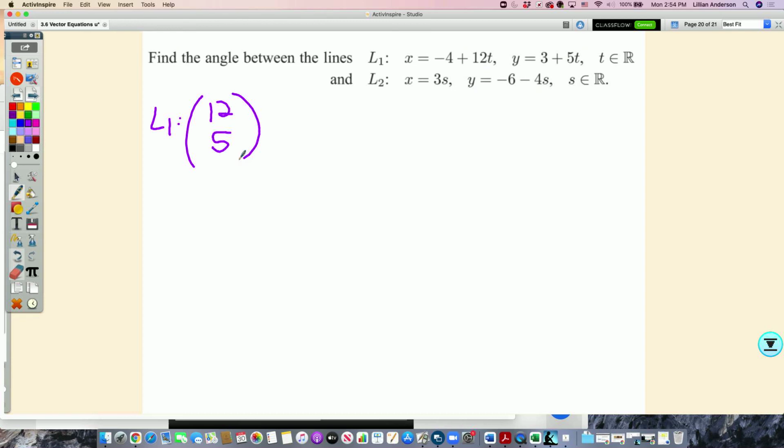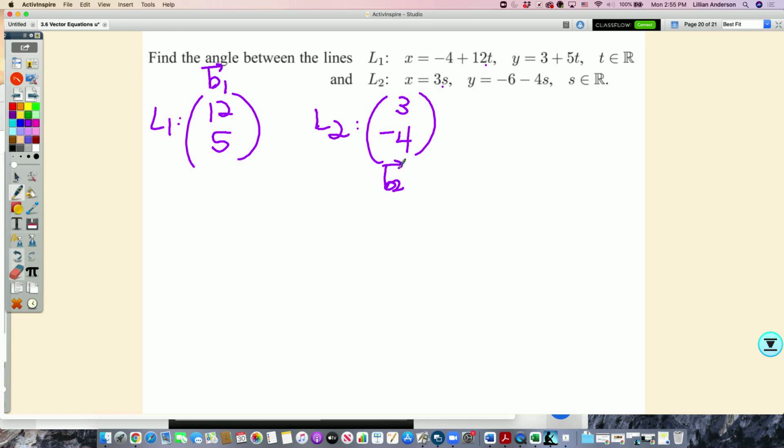And from L2? 3, -4. You see how they use different scalars because you have two different lines. If you ever have to write multiple lines in your homework, use two different scalars, s and t, lambda and mu, and so on. So this is B1, this will be B2.